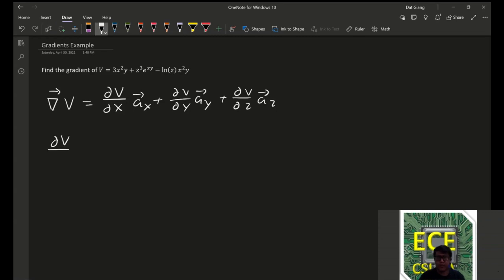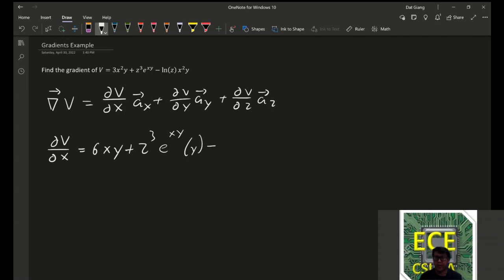So the partial derivative with respect to x for this given function is going to be 6xy plus z cubed, and using the chain rule, we keep e to the xy. In this case, because we're taking a partial derivative with respect to x, y is our constant, so we get y out of it. Then from here, everything except for x is going to be treated as a constant.